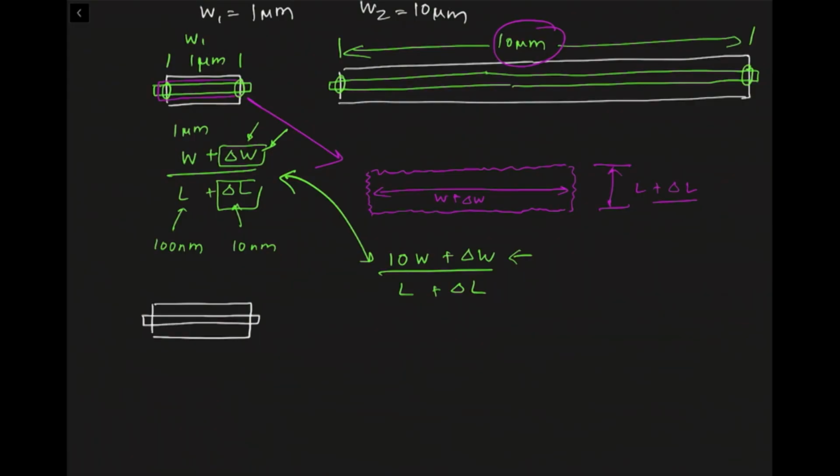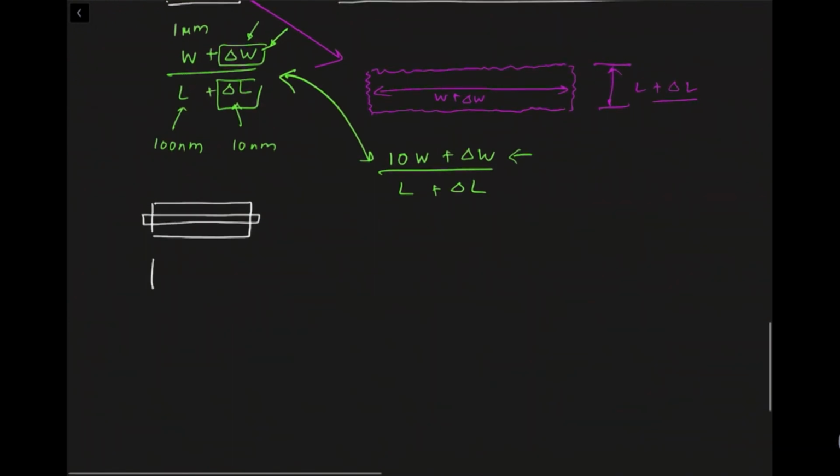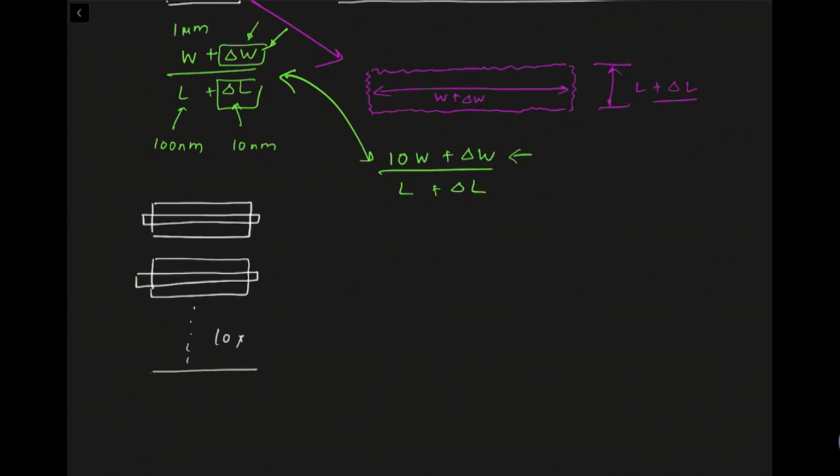Okay. So a better way to do this would be, you have a single transistor, and then you have 10 other transistors, which I'm not going to draw right now. So you will keep doing this 10 times, and you will have 10 transistors. This is your M1, and this would be your M2 1 to M2 10.